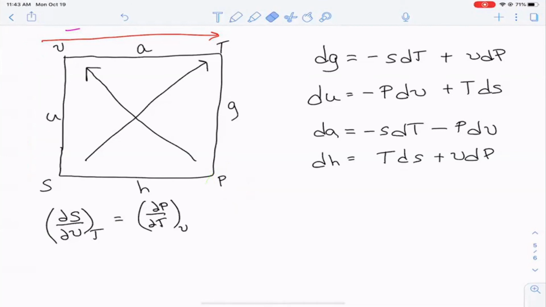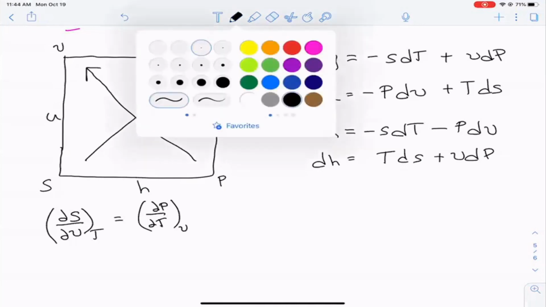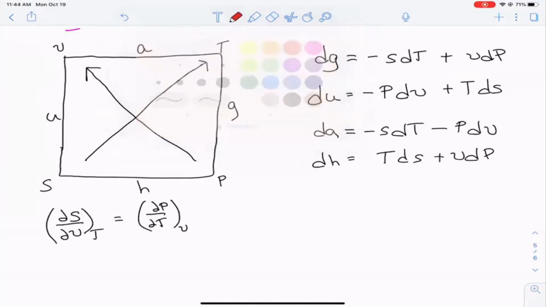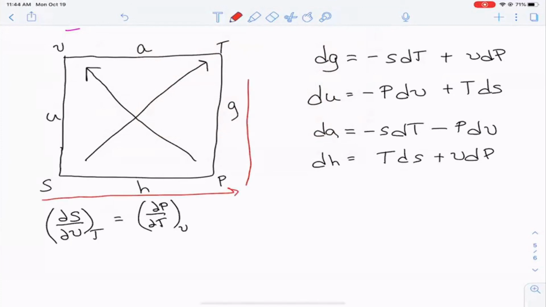All right, I'm going to do one more because I know that one is way harder for people to remember than the first one. So let's just go the other way. I'm going to go this way then, and I'm going to start here and go up. So remember, I'm going to start here and go to there.